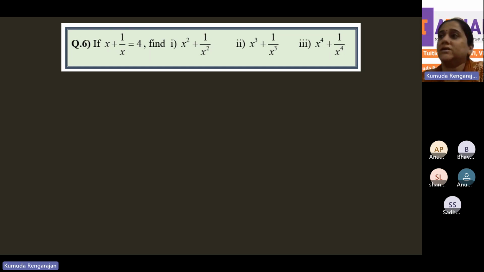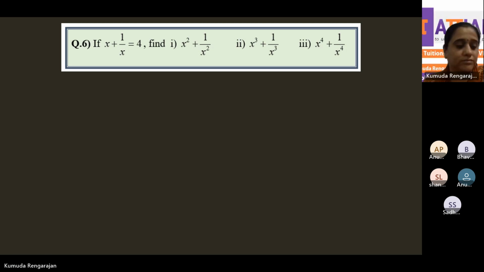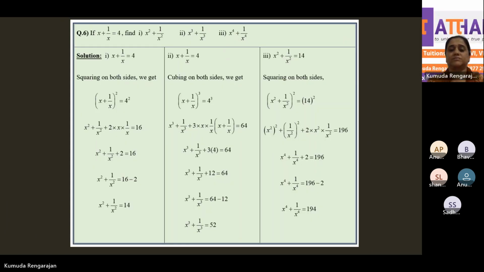So I'll just explain it and then you can write down. So to find these values, we are given that x plus 1 by x is equal to 4, right? x plus 1 by x is equal to 4, correct?